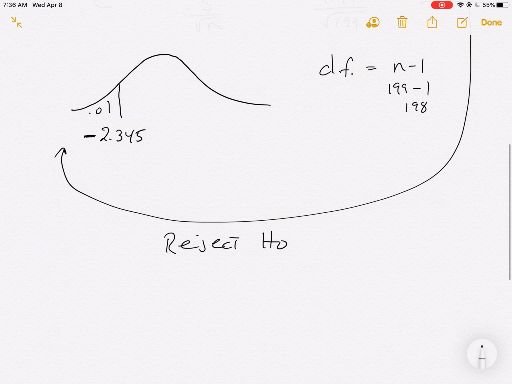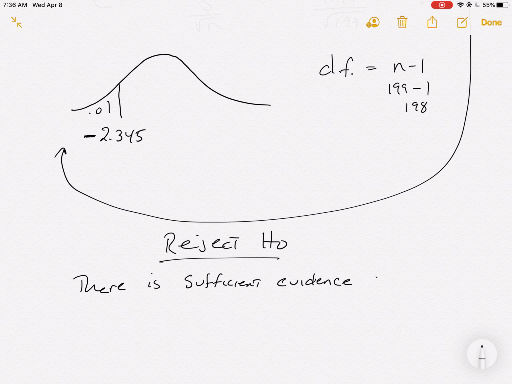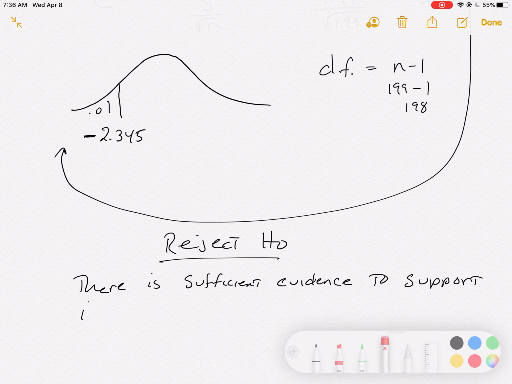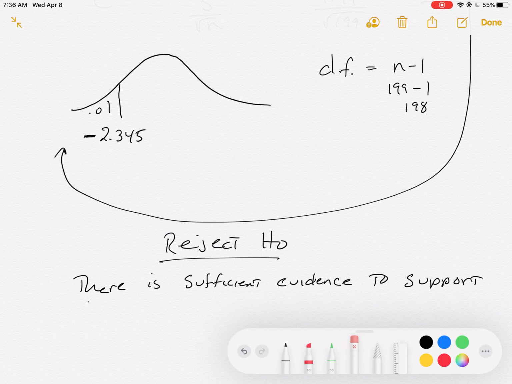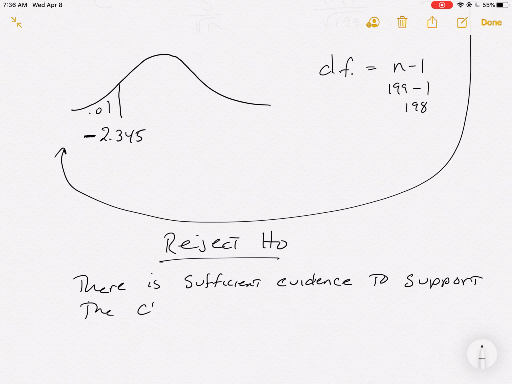So the moment we reject, remember your English statement: there is sufficient evidence. If you reject the null hypothesis, then there's sufficient evidence to support something. In this case, to support the claim. Let's go back to the wording of this sentence.